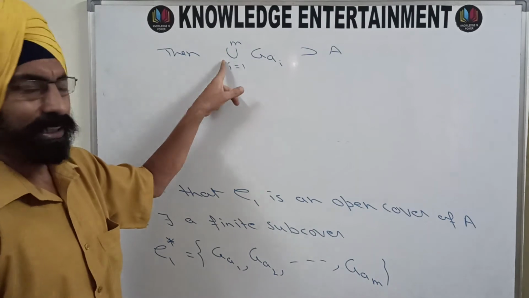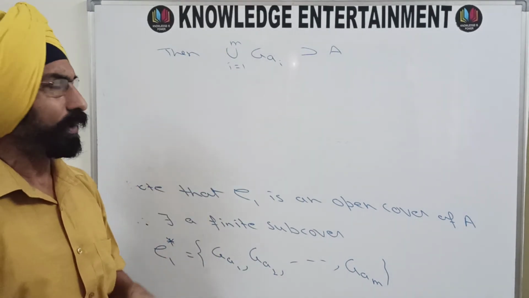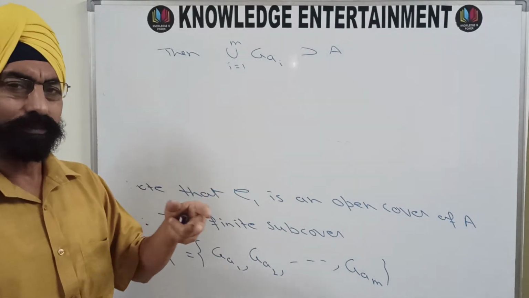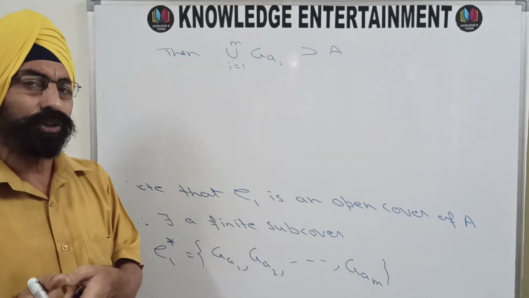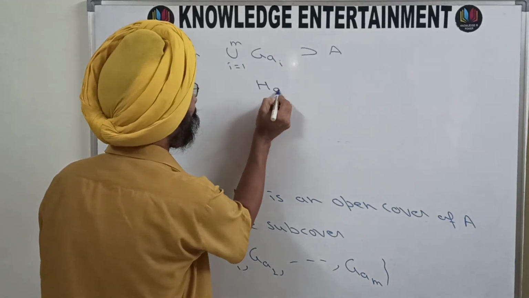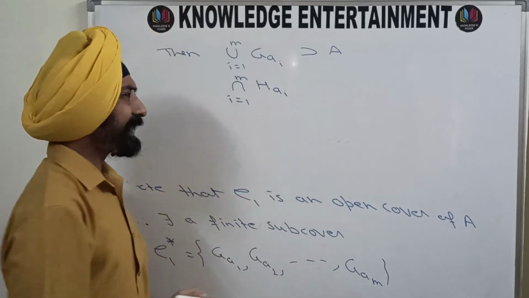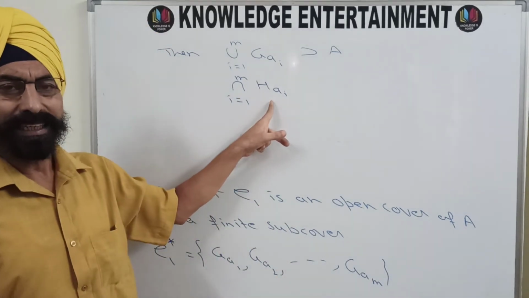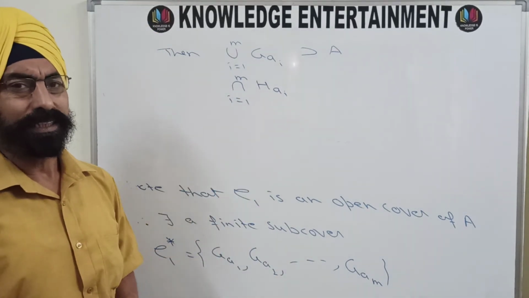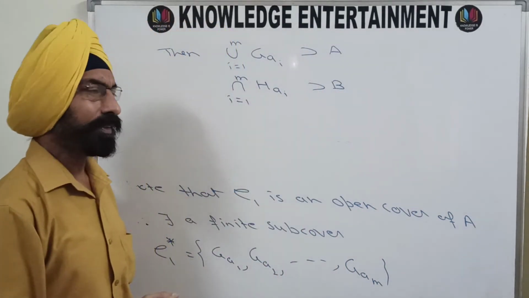Here we are having the union of all GAIs. So obviously you must have understood what we are going to do in the next step: we are taking the intersection of corresponding HAIs, I varying from 1 to M. Since each HA is containing B, their intersection will also contain B.